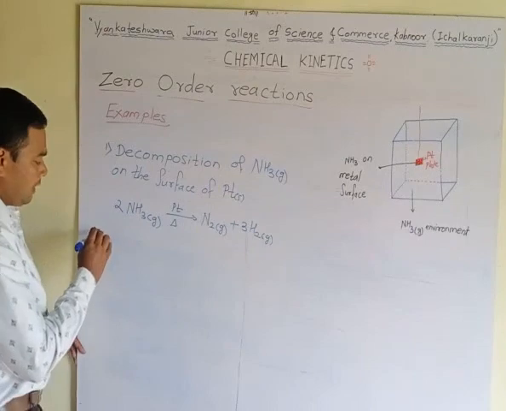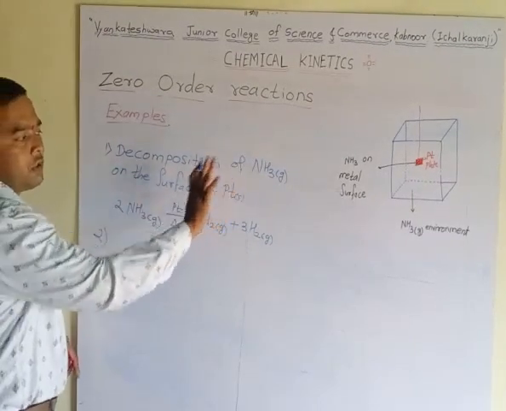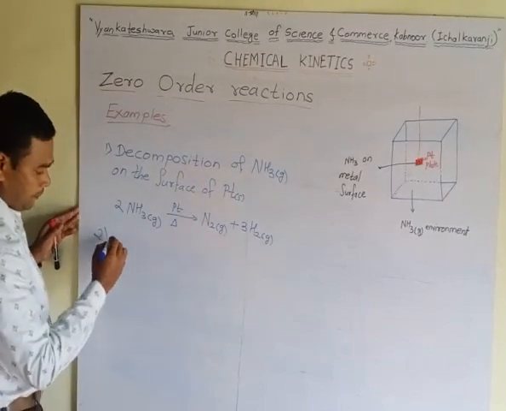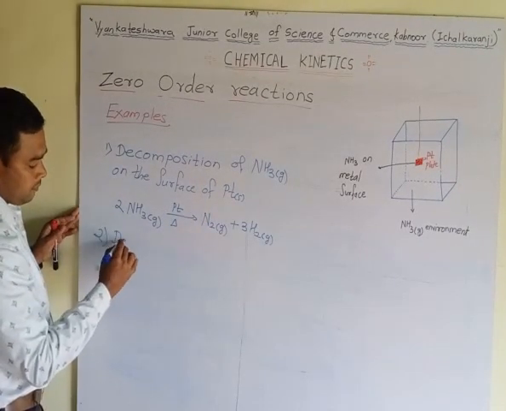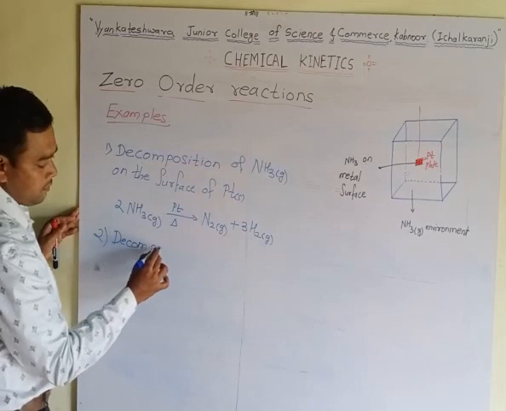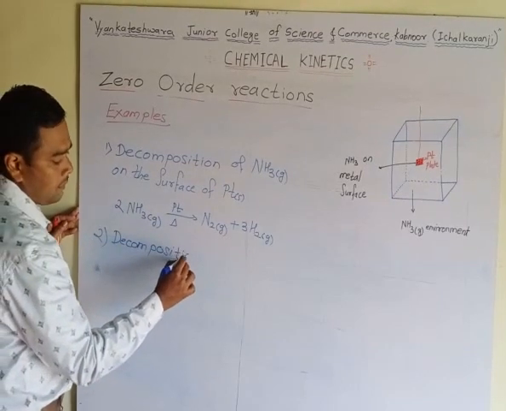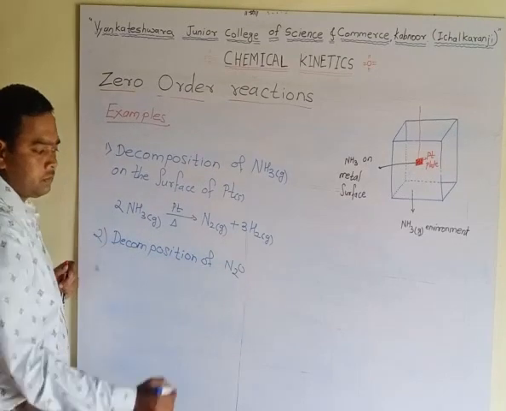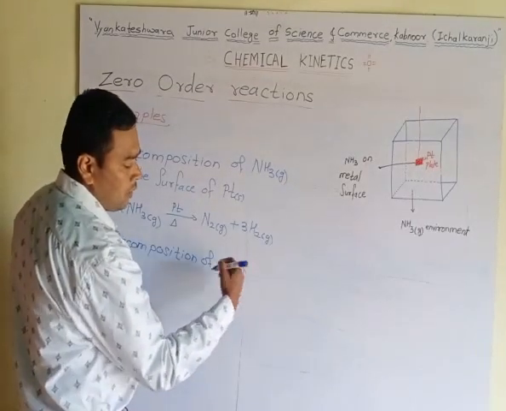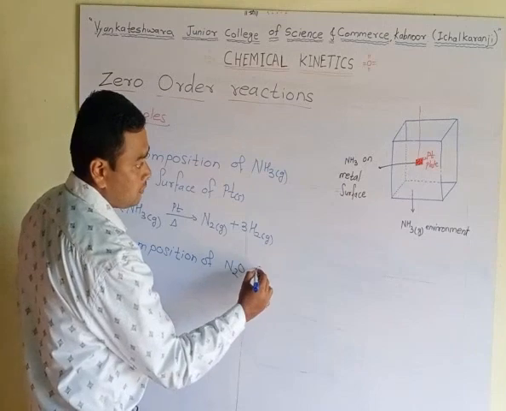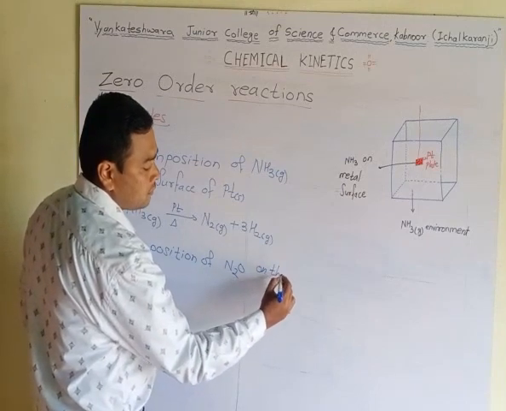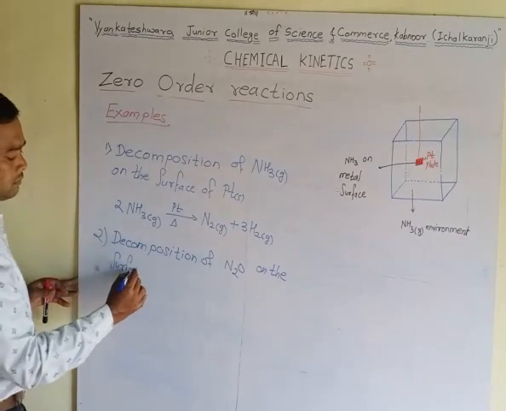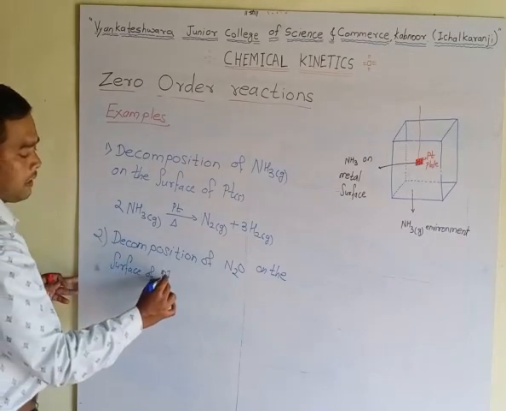Another example is the decomposition of nitrous oxide, N2O, on the surface of platinum.